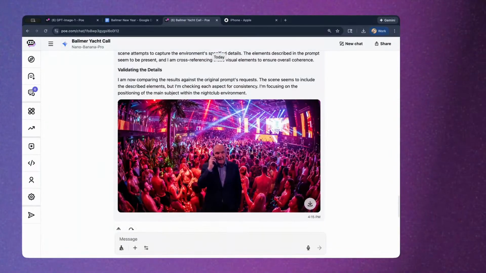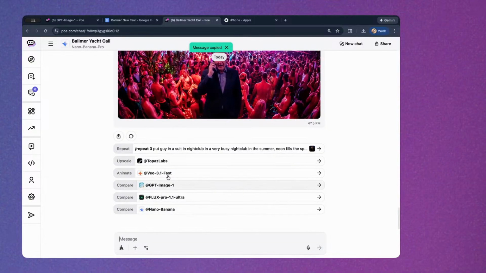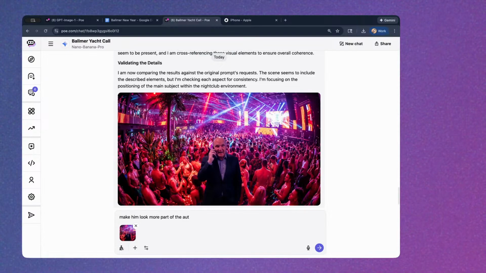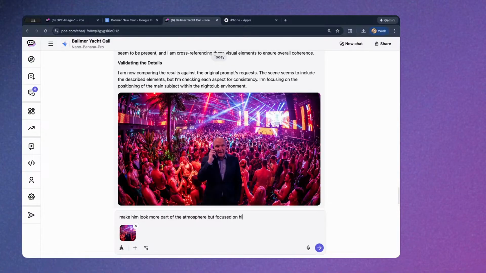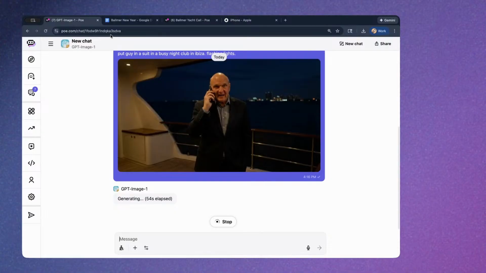I mean, you didn't even try and attempt to get him in amongst the crowd. It's so bad. That is so bad. Okay, image 1 is still going.